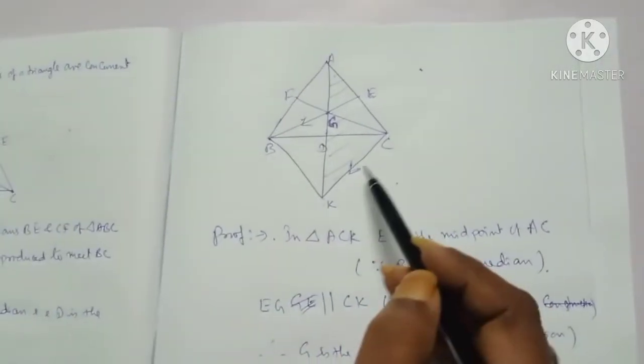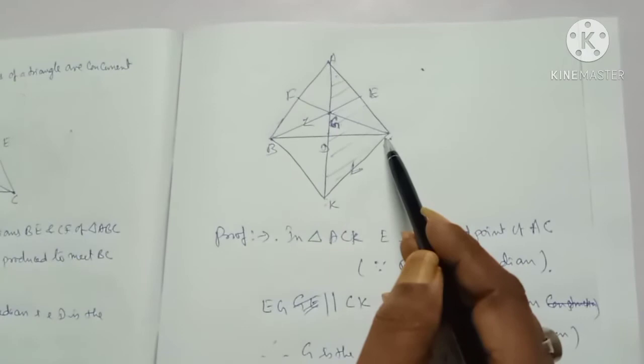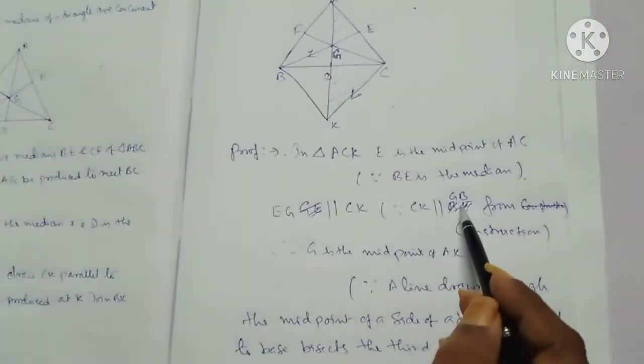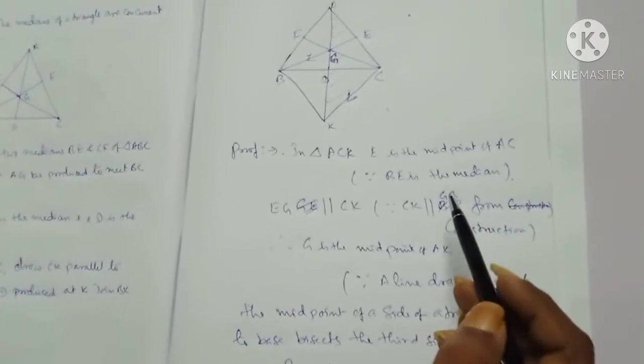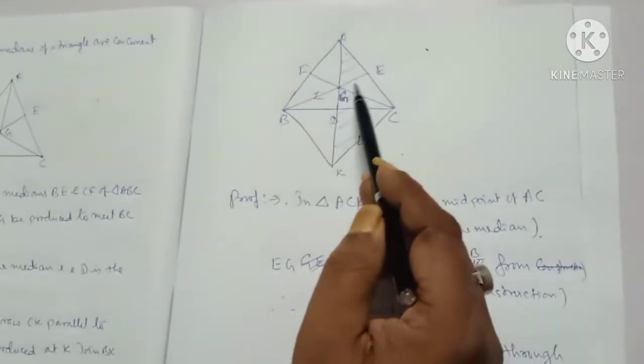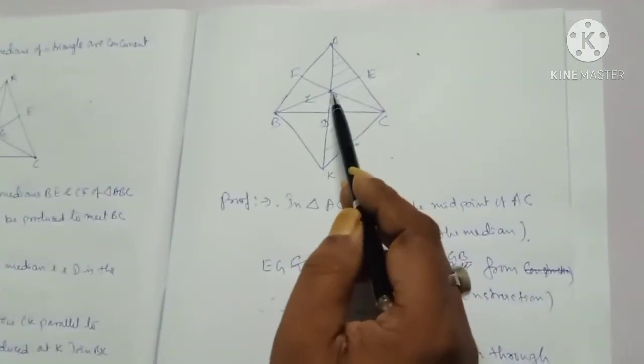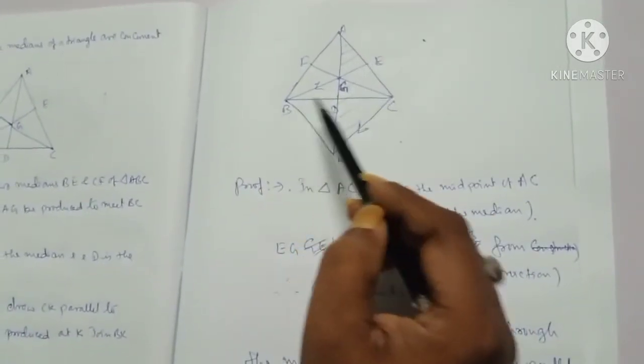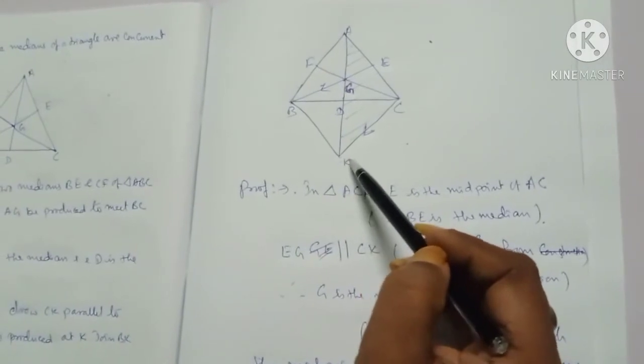So EG is parallel to CK. Why? Because CK is parallel to GB, and BG is produced to E. Since GB is parallel to CK, this whole line is parallel to CK.